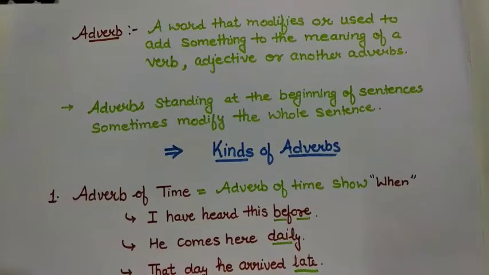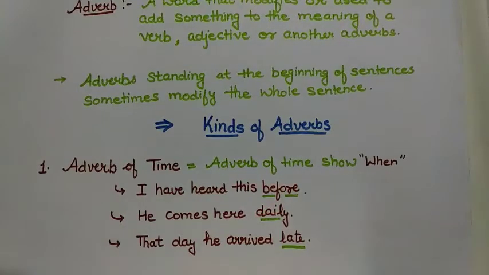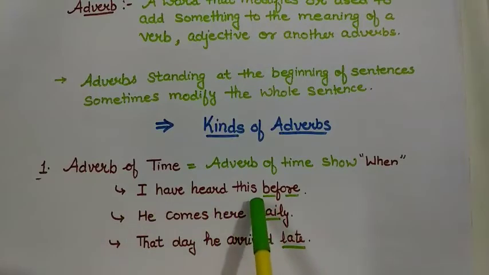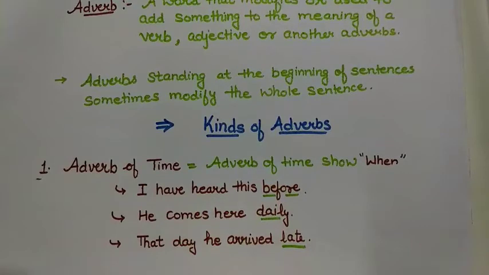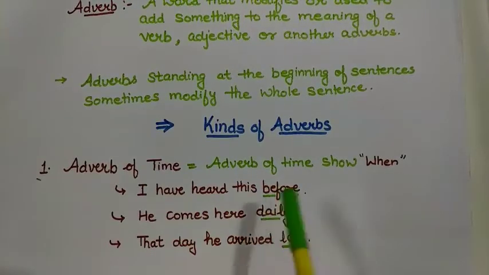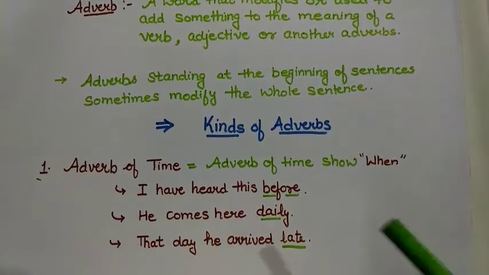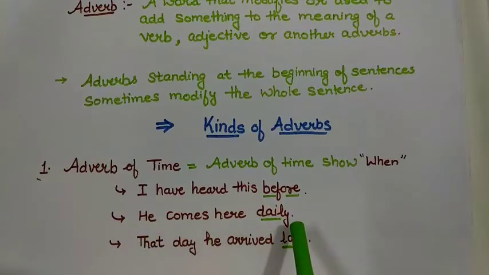The first kind of adverb is adverb of time. Adverbs of time show when the action happened. Let us try to understand with examples. I have heard this before. This before is an adverb of time, because it is telling us when I have heard this. Let us see the second example. He comes here daily.